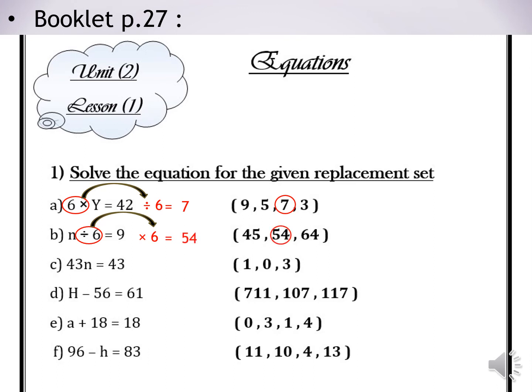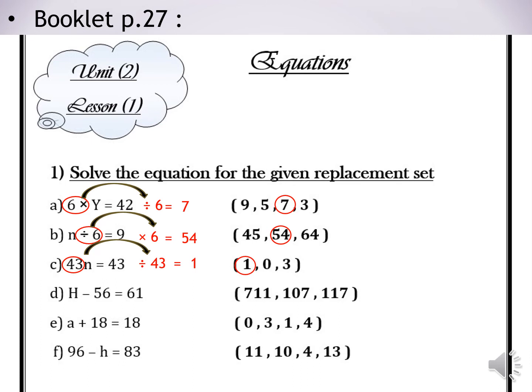In letter C, I have 43n, and we said when the number and the variable just stick together without any sign, it means that there is a hidden multiplication here. So I will circle 43 and I will send it to the other side with the opposite sign. The opposite of multiplication is division. So it will be 43 divided by 43. n equals 43 divided by 43 equals 1. So the answer is 1.